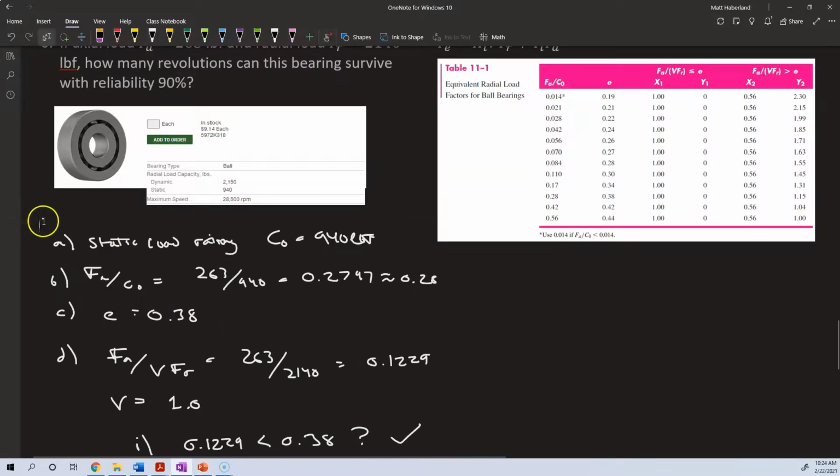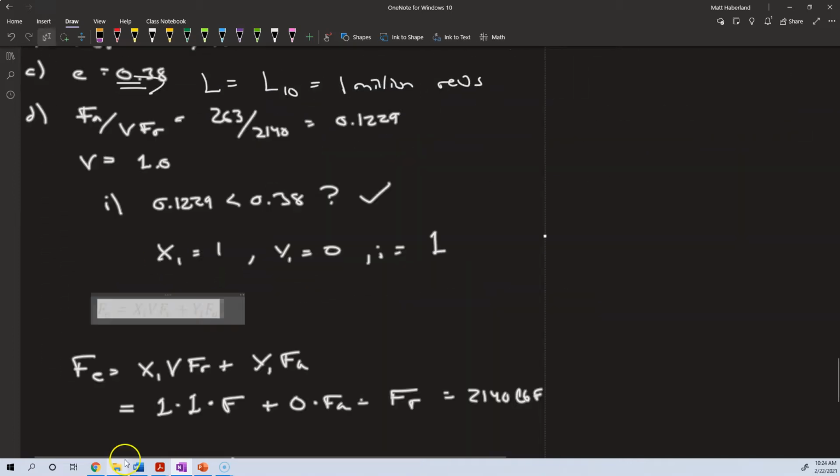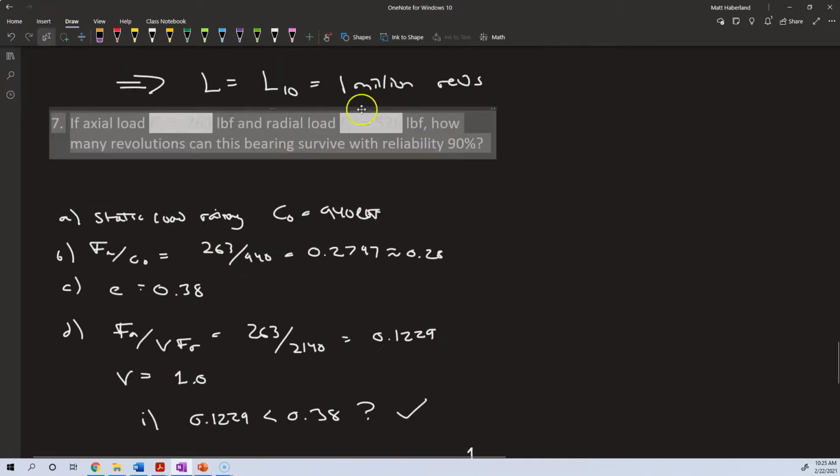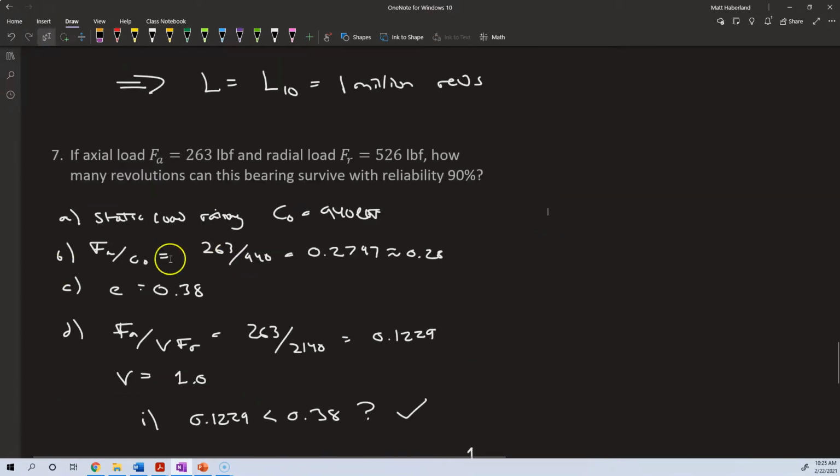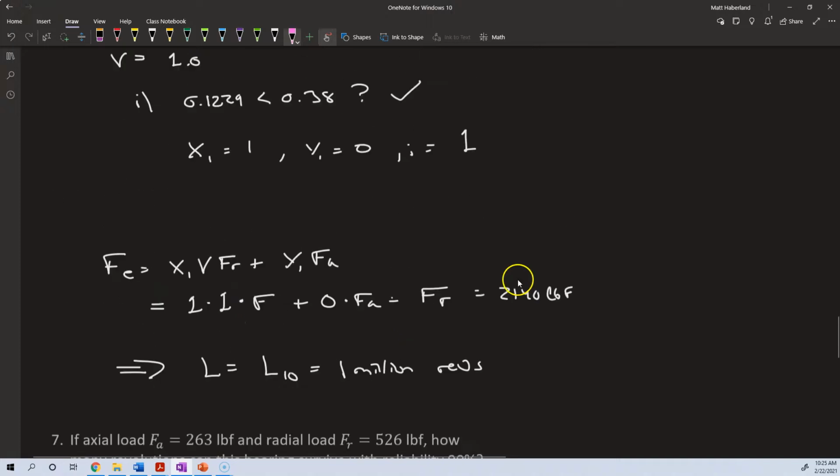So I'm going to go ahead and copy this. All right, what's going to change here? Well, our static load rating is going to be the same. The axial load over the C0 static load rating is going to be the same. It's still 0.28. So E is still 0.38, looking up on the table.